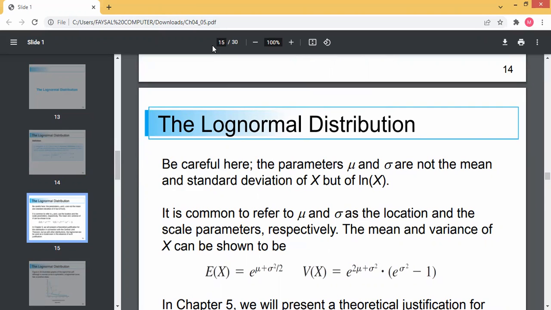Now there are two parameters involved in log normal. First is my location parameter, that is my mu value, and second is my scale parameter.